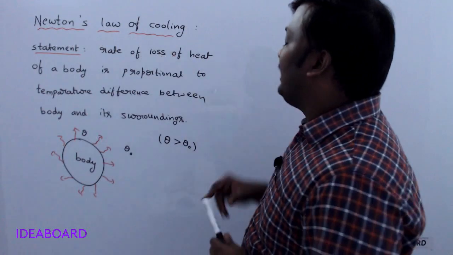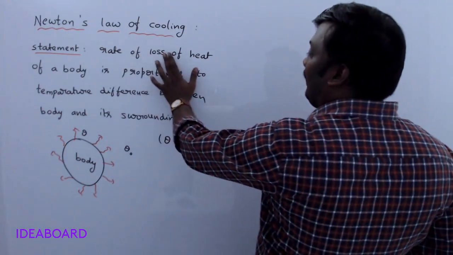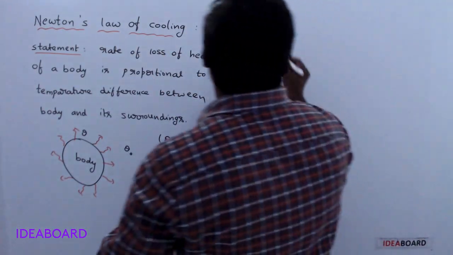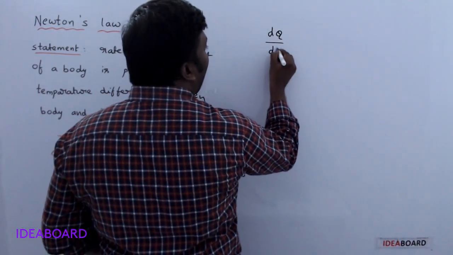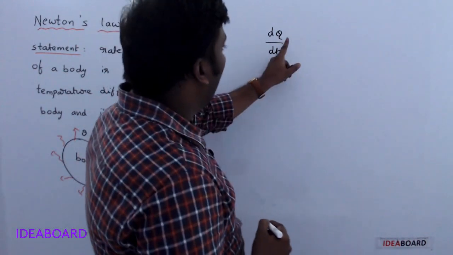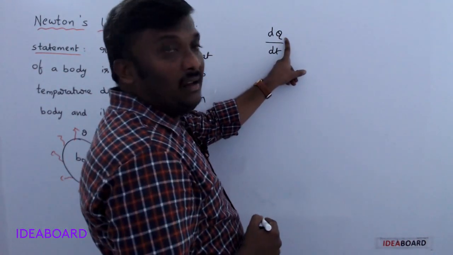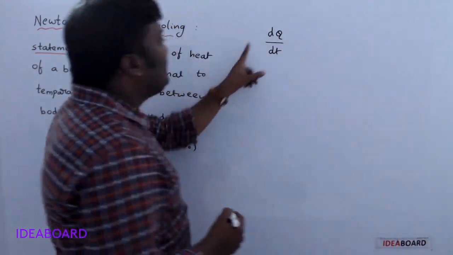Now, according to the statement, rate of loss of heat. Rate of loss of heat is denoted by dQ by dt. Q is heat, so rate of heat means dQ by dt.